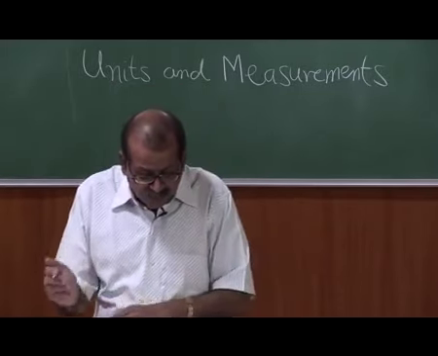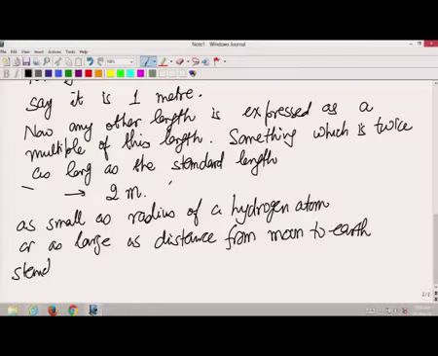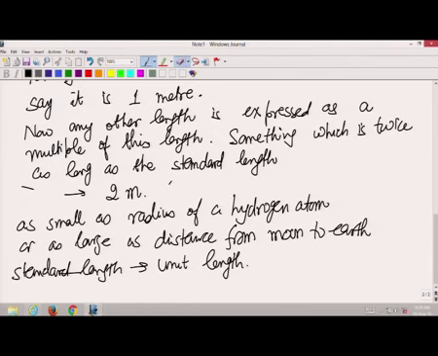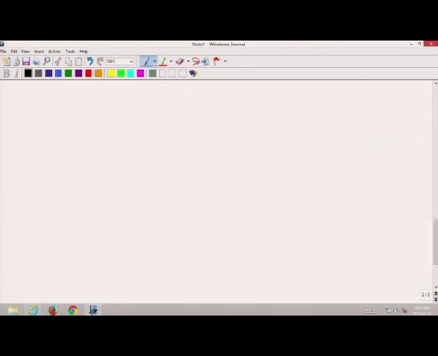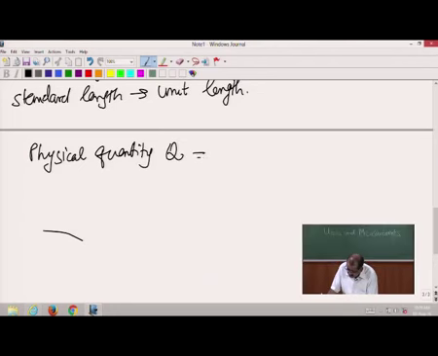So, but then what we have done is the standard length which we have defined as a meter, this is what we call as a unit length. So, this is how we define standards. Now, let us say we have a particular physical quantity q, and when we are talking of length, that means this is some length which we have defined.